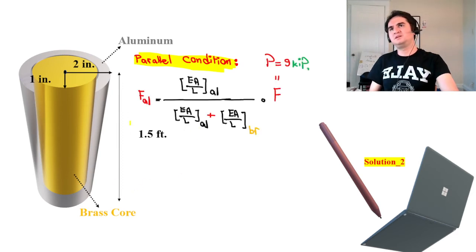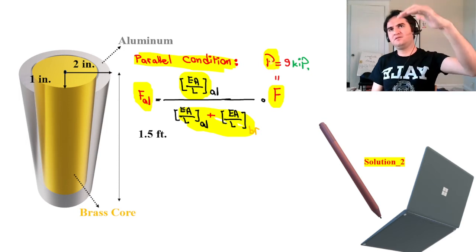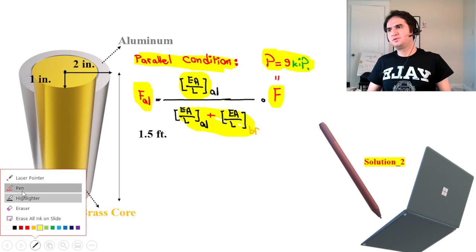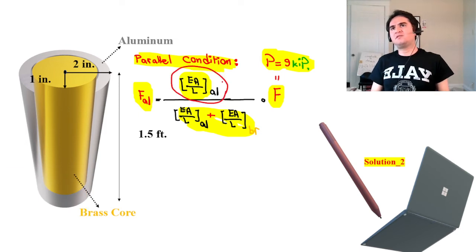If we develop the equation for the parallel condition, the force in each section is the stiffness of that material over the total stiffness, times the overall force, which is an inward push, an axial compressive force of 9 kilopounds. If you want to connect the dots, EA over L is axial stiffness.